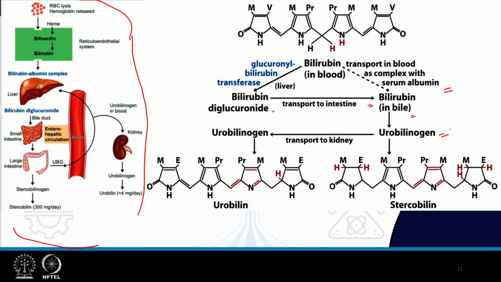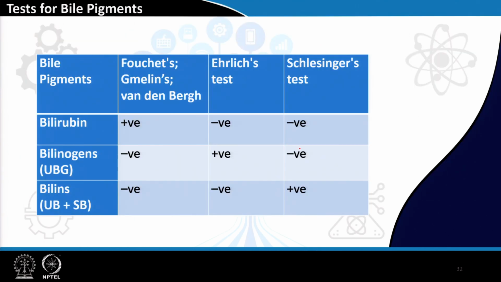Thereafter, urobilinogen is converted to stercobilinogen and then stercobilin, which is excreted in the feces, okay, and some part of urobilinogen is also transported to the kidney and is excreted in the urine as urobilin, okay. So, remember this is the pathway of bilirubin excretion.